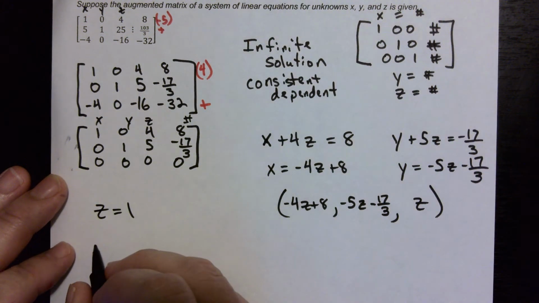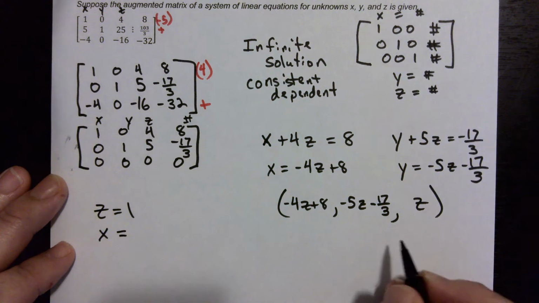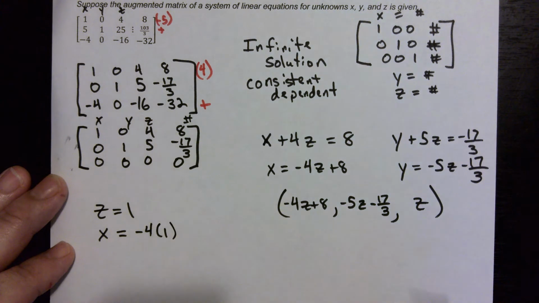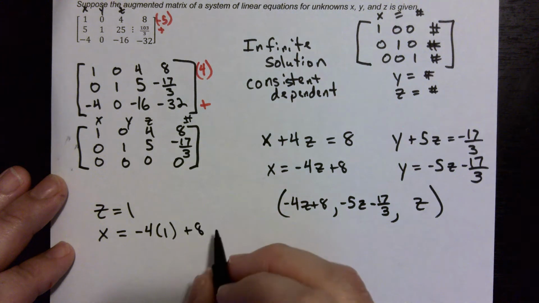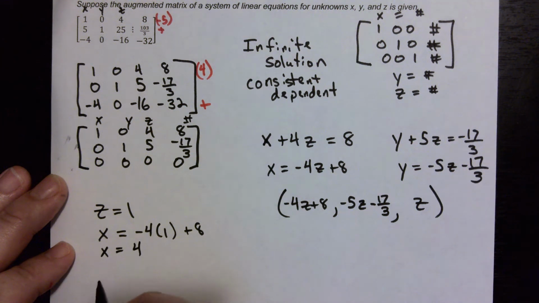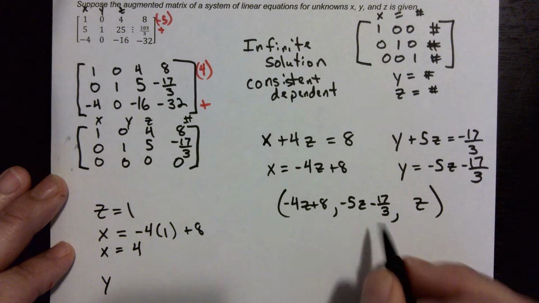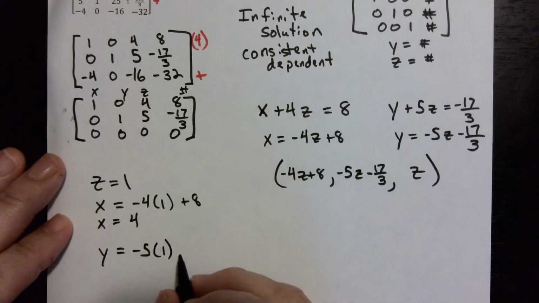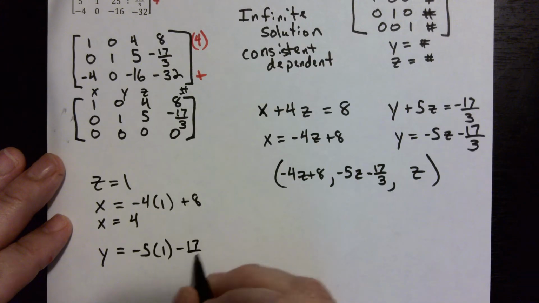To find the other two, x would be equal to negative 4 times 1 for z plus 8. Okay, so that would be 8 minus 4, so x is equal to 4. And then y, plug in here, would be equal to negative 5 times our z, which we chose to be 1, minus 17 over 3.